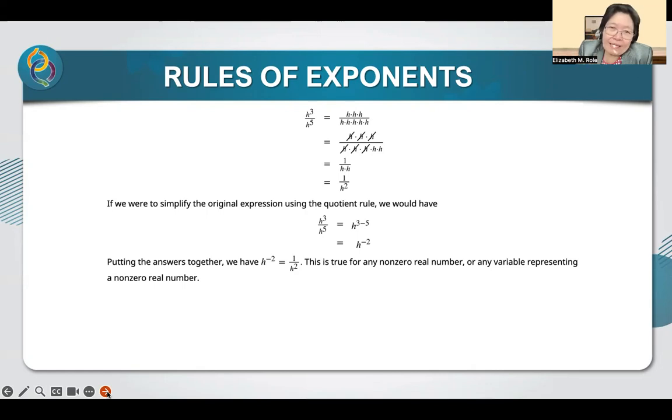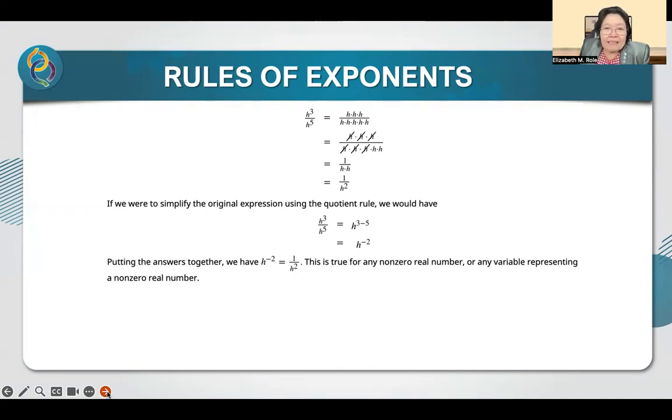I'm just showing an example: 8 cubed divided by 8 to the 5th. 8 cubed means 8 times 8 times 8. 8 to the 5th is 8 times 8 times 8 times 8 times 8. And so if we cancel the 3 eights on top, what we get is 1 on the numerator, and what remains in the denominator is 8 times 8, which is 8 squared.